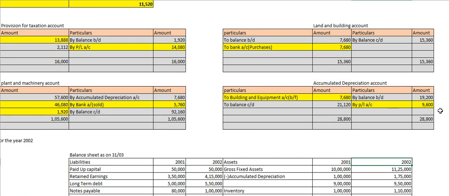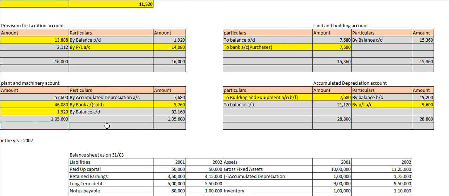So by profit and loss account 9,600. So this balancing figure you are going to transfer it to building and equipment account, which is 7,680. So this is the corresponding entry which is made up in your plant and machinery account as by accumulated depreciation account 7,680. So your balancing figure is nothing but by bank account sales, which is 5,760.